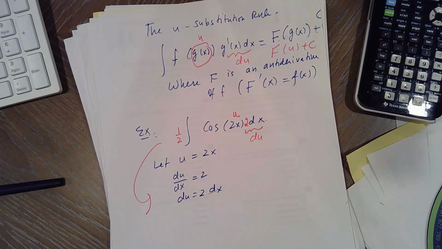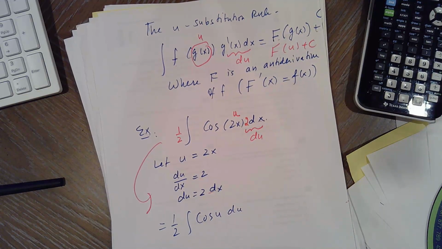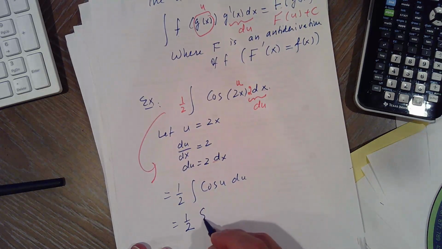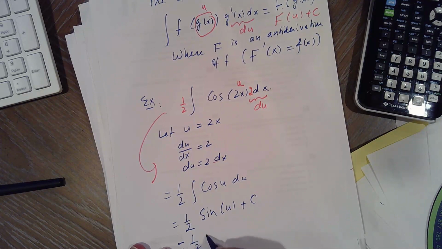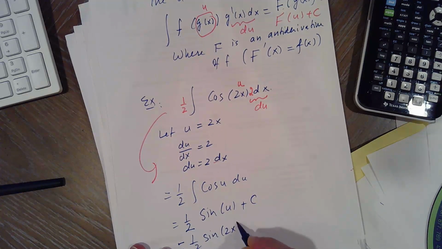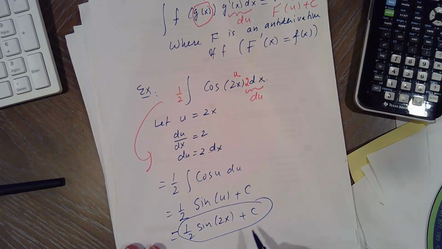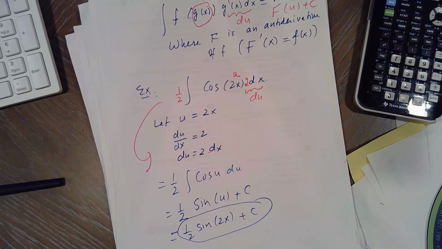Now you have 1/2 the integral of cosine u du, which is 1/2 sine of u plus c, but remember what u is, it's 2x. So if you find the derivative of half sine 2x plus c, it's going to be cosine of 2x.